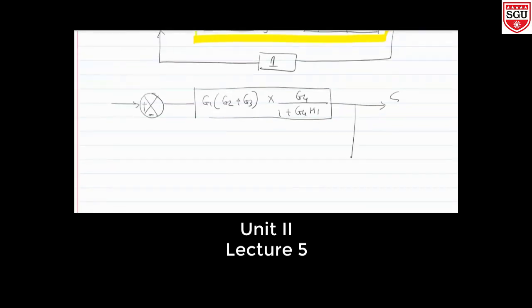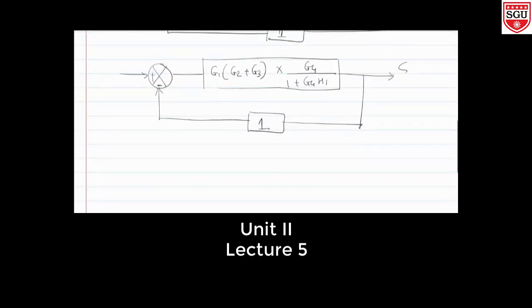And the remaining one is the unit feedback. It is also called a unit feedback. Now the last step. What will be the last step? For that, let's say that block is G. Then what is the answer?